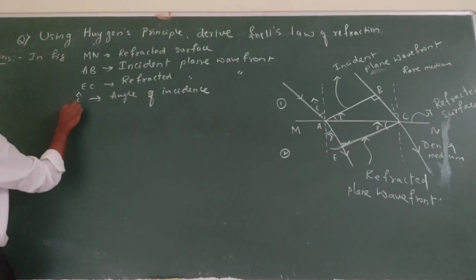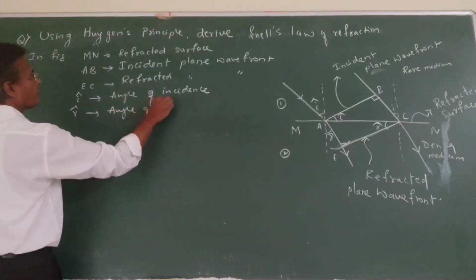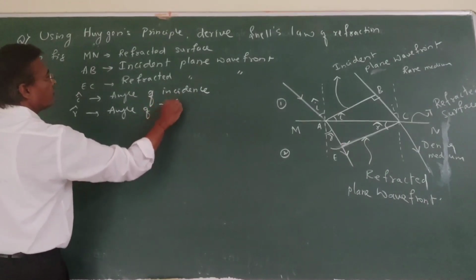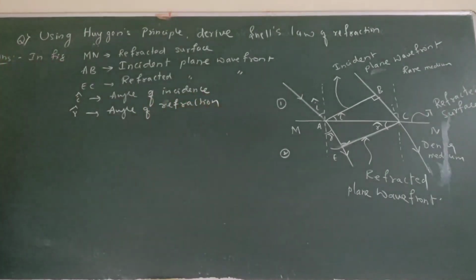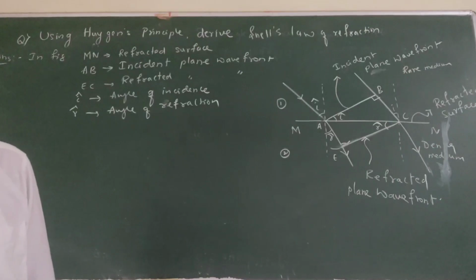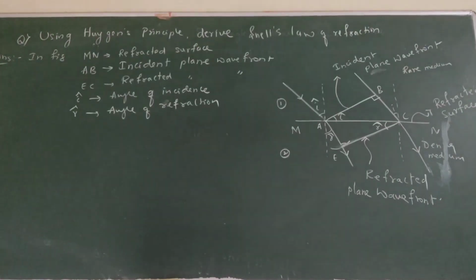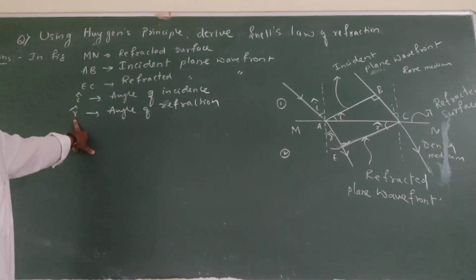And then angle R is called the angle of refraction. So this is the angle of incidence. This is the angle of refraction. We are going to see that.